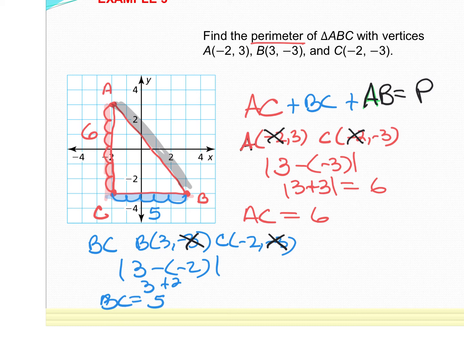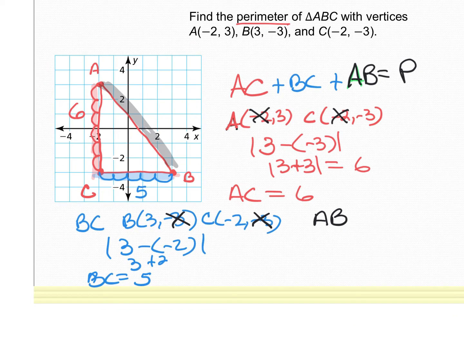Now, even though these are horizontal and vertical, you can use the whole distance formula. Just remember, when you do y2 minus y1, you're going to get 0, so really, you don't have to do the whole formula. Now, for AB, we need to do the whole distance formula because I can't count the little squares.